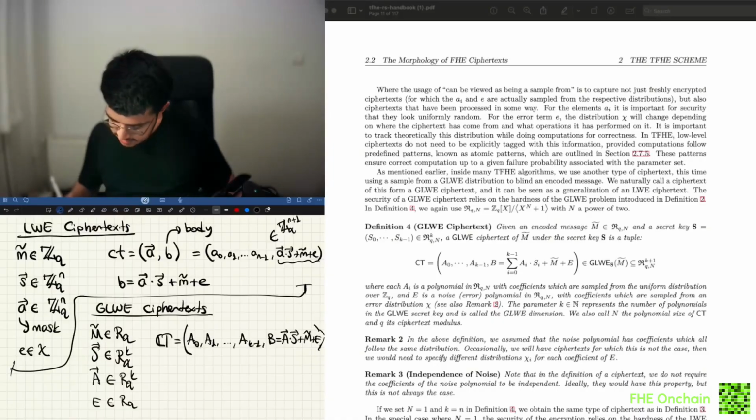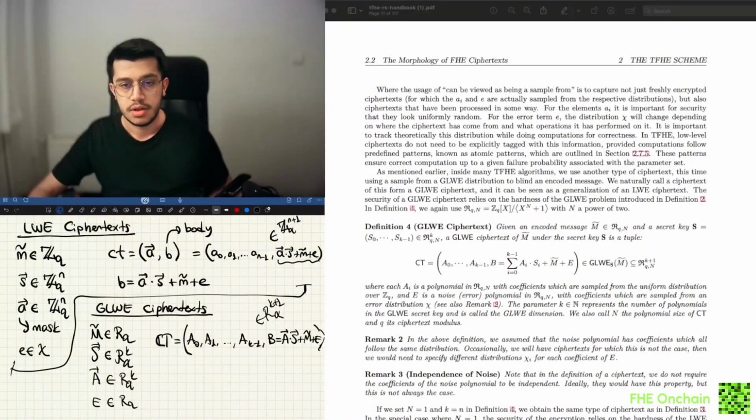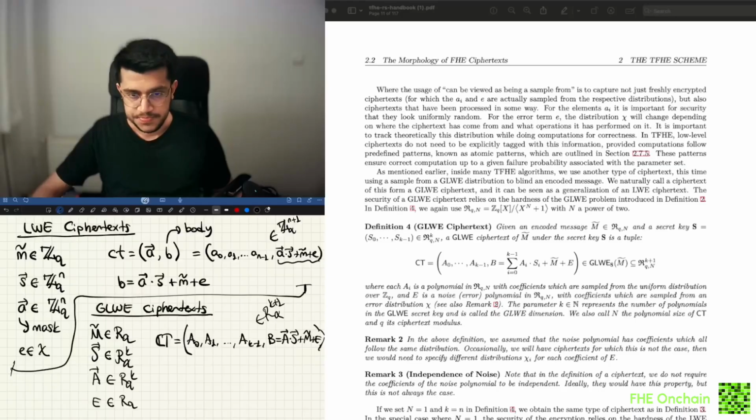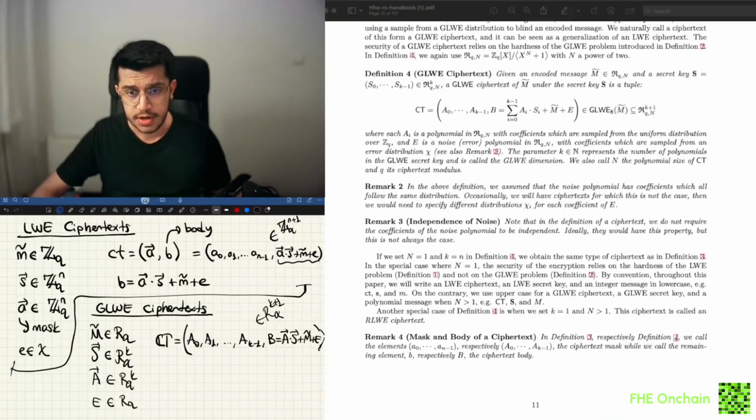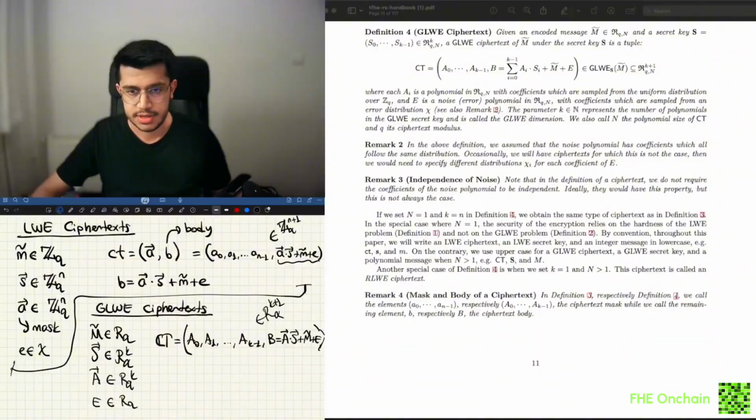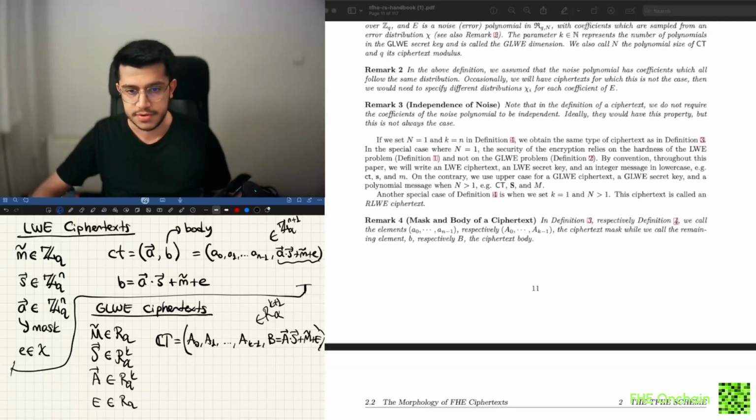Right, and this is an element of the set RQ^(K+1). All right, I hope things are clear so far. As I said in the definition, the elements A0 to A n minus 1 are called the mask, and the remaining element B is the body of the ciphertext.